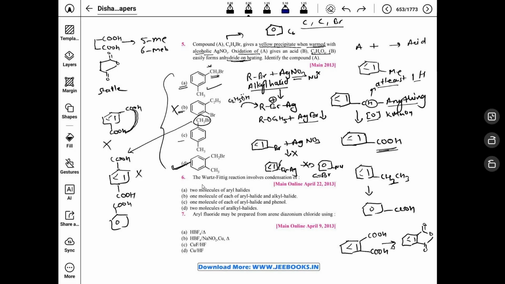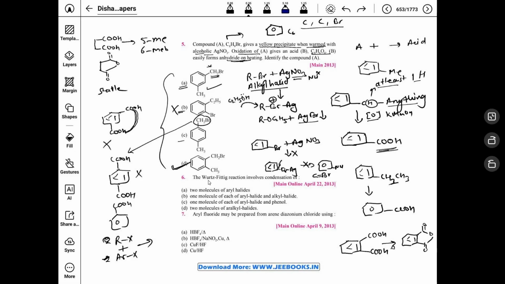Now question number 6. The Wurtz-Fittig reaction involves condensation of... So we know that Wurtz involves the condensation of 2 alkyl halides, and the Fittig reaction involves 2 aryl halides. But the Wurtz-Fittig reaction involves the condensation of alkyl halides and aryl halides.